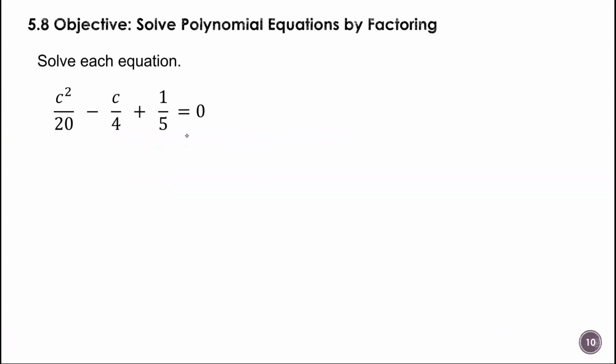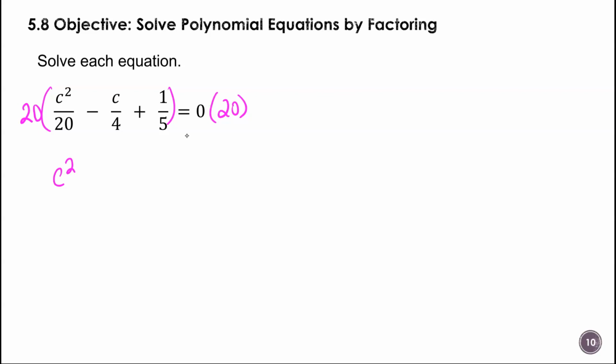Okay. All right, so when you see one like this, you do not want to try to factor it in its current form, but what you would do is multiply by the common denominator, right? The least common denominator. So in this case, our LCD would be 20, and that means we're going to multiply every term times 20. So on the first one, 20 goes into 20 one time, so that's just c squared.